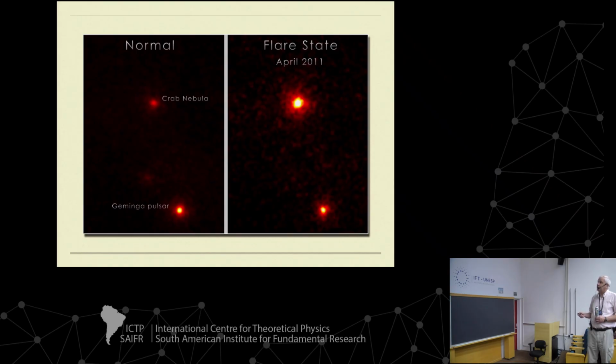This is in gamma rays, as seen by AGILE, the Italian gamma ray satellite. And here you have a nearby pulsar, Geminga, that also is a gamma ray pulsar that is detected by AGILE. So you see that it's even brighter than the Crab at this band. This is the MeV, multi-MeV band.